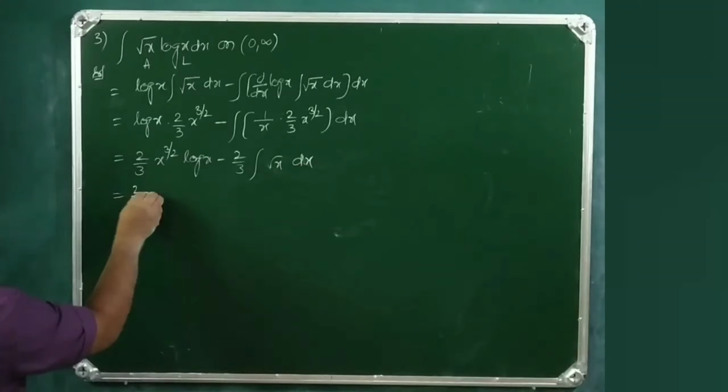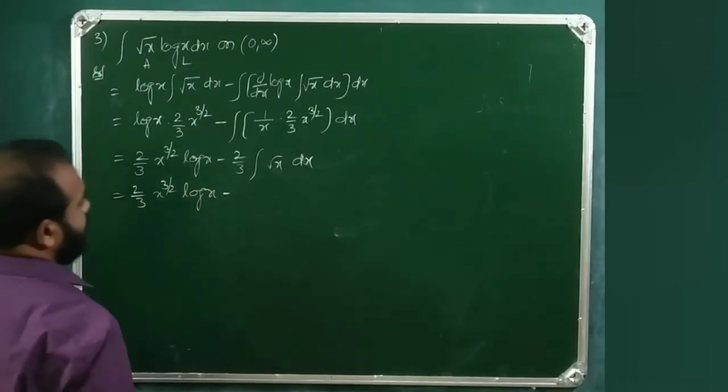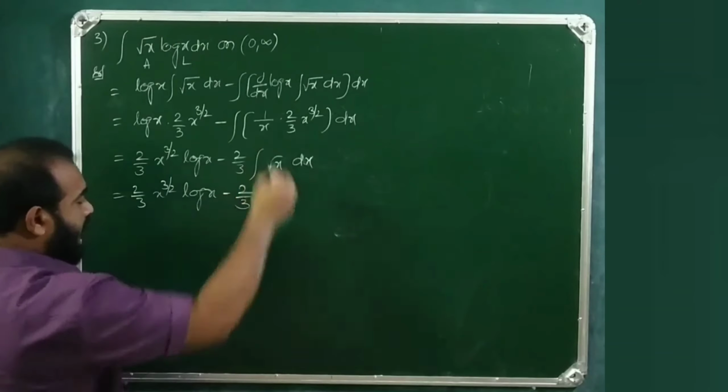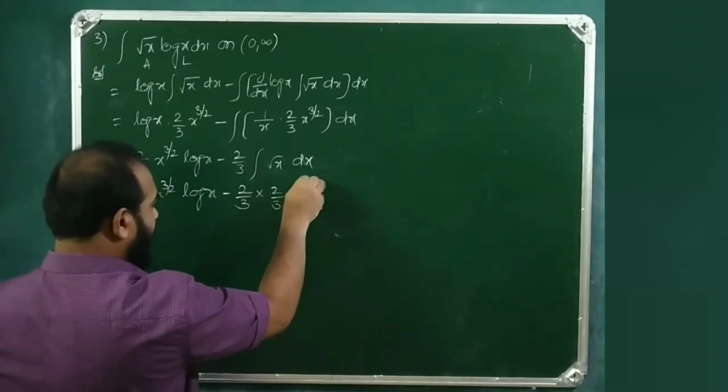So this is equal to 2 by 3 x power 3 by 2 log x minus 2 by 3 integral root x dx, and the integral of root x dx is 2 by 3 x power 3 by 2.